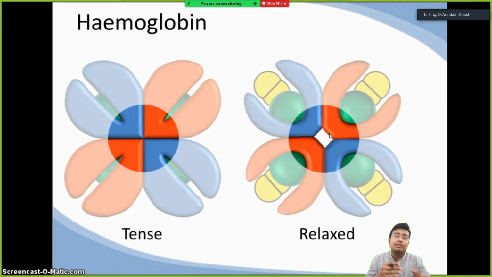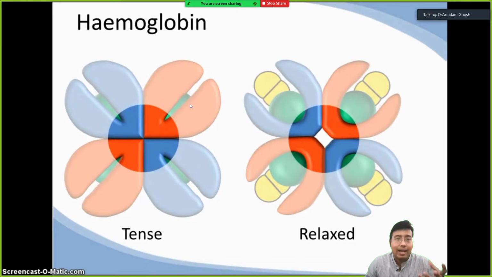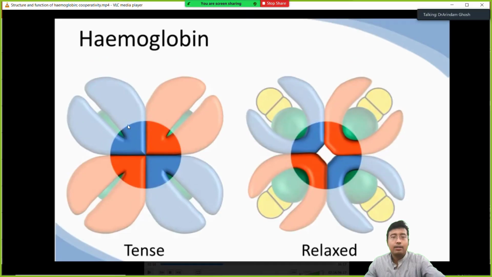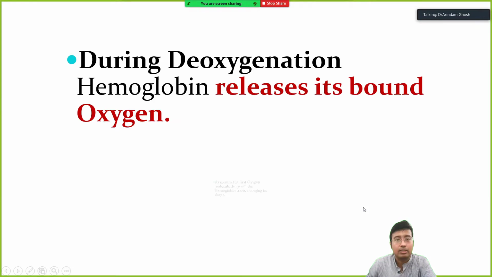So the changes occur back and forth. When oxygen is low, 2,3-BPG will enter and push out the oxygen molecule, and when oxygen is high, 2,3-BPG will get out and oxygen will enter, right. This is exactly what happens in oxygenation and deoxygenation.